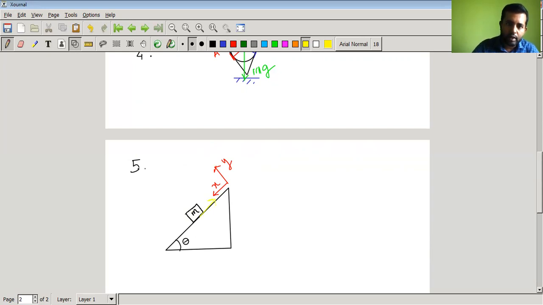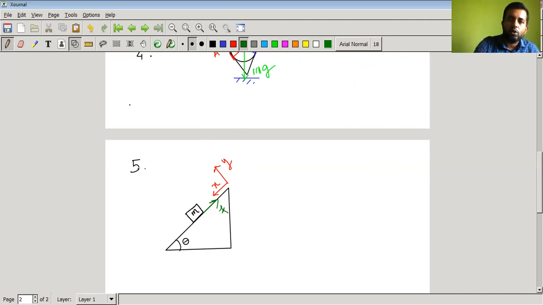Sorry for using the color. So this will be the direction of friction. I am writing small f for it. So if there is no friction, it will slide down, so friction must be in this direction.